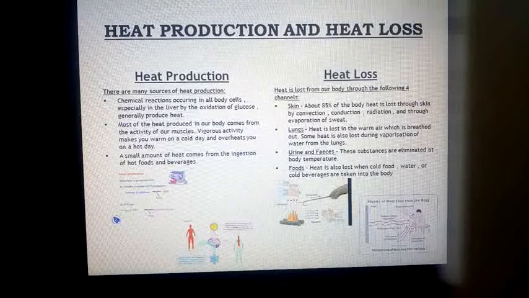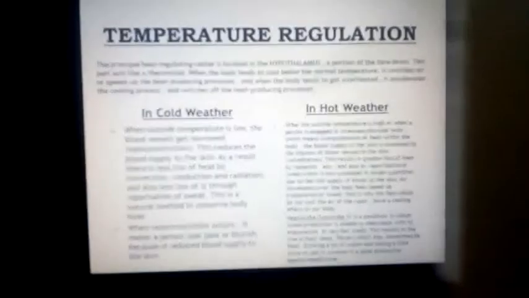Some heat is also lost during vaporization of water from the lungs. Urine and feces: these substances are eliminated at body temperature. Foods: heat is also lost when cold food, water or cold beverages are taken into the body.